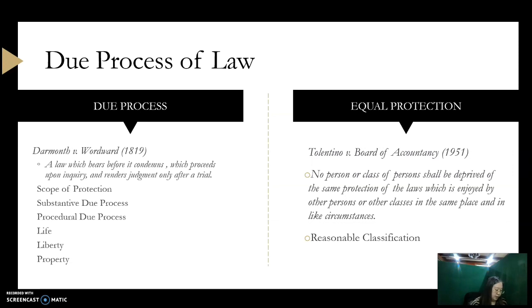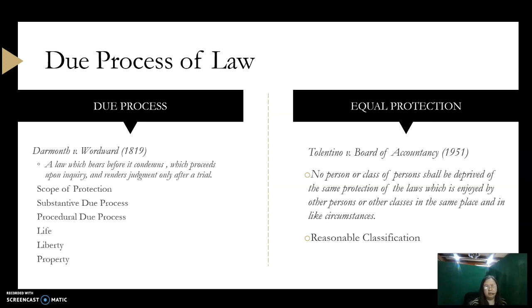So, in simple terms, when you say due process, it is a constitutional guarantee in which you are given a chance to be heard, to explain your side, and not to be deprived of life, liberty, or property by the government hastily or unsupported.